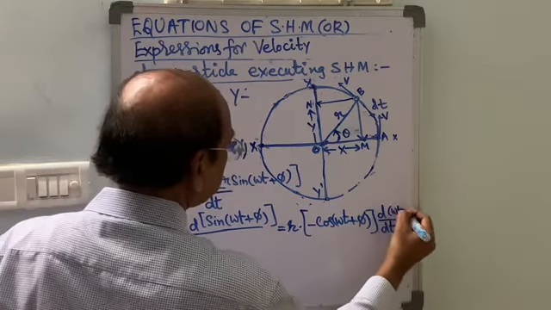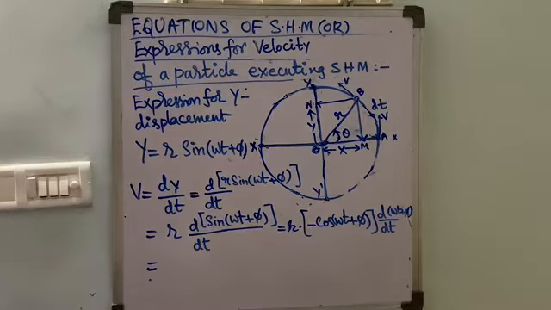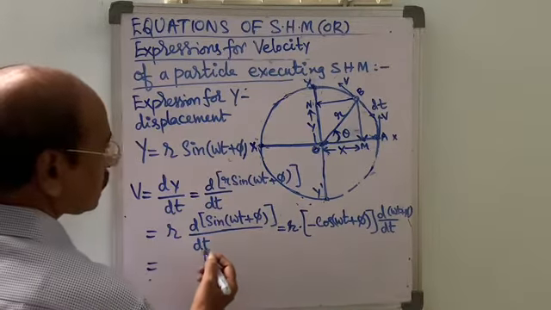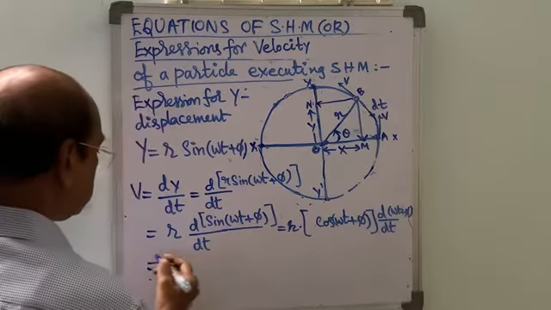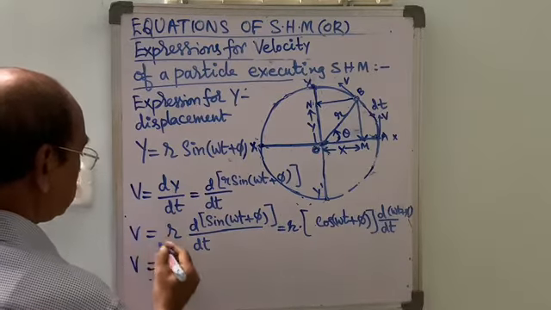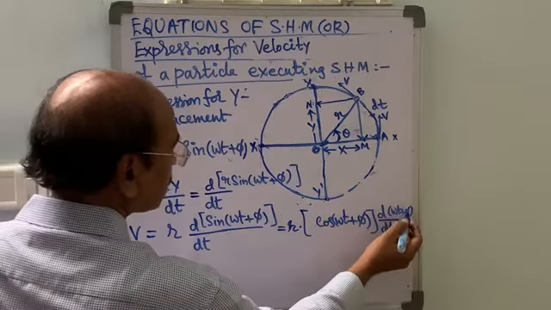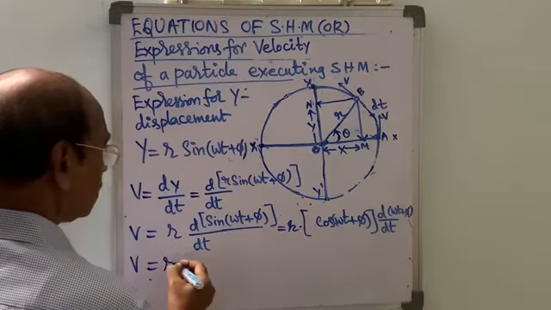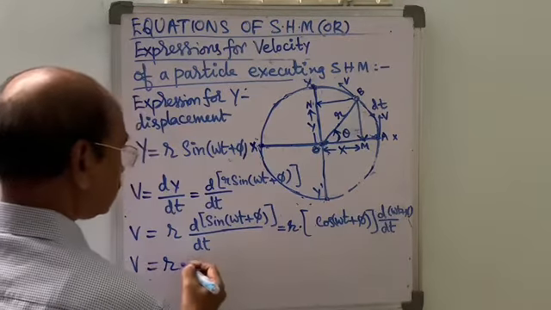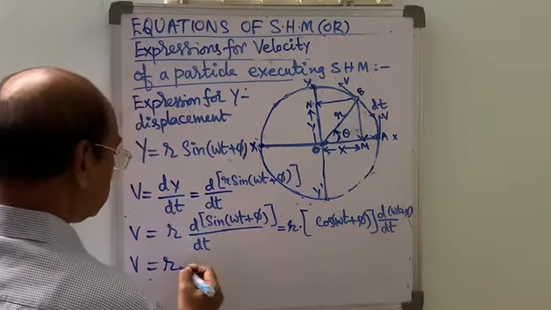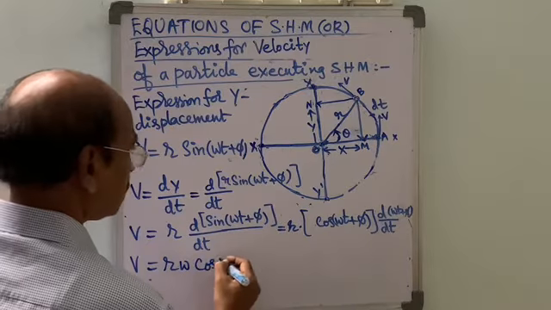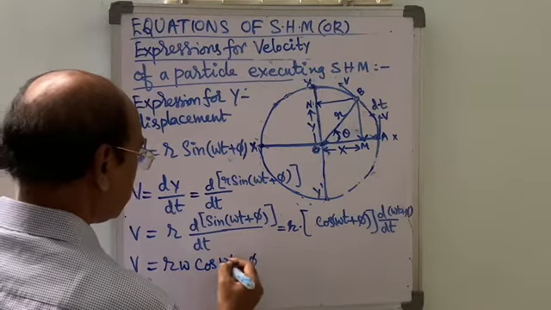Therefore v equal to R omega, since phi is constant, so R omega cos(omega t plus phi).